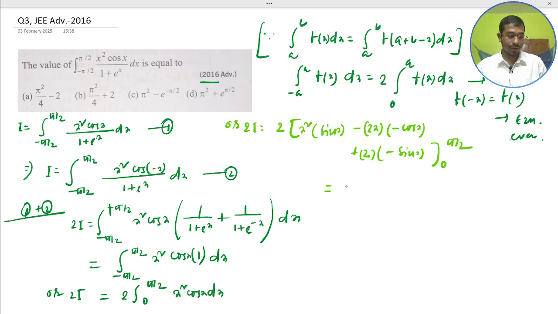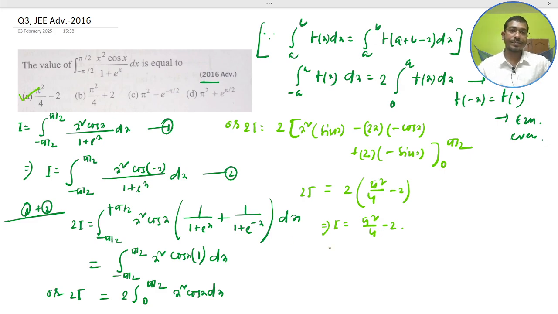So 2I would be pi square by 4 minus 2, so that implies this be the 2I. The I should be what? Pi square by 4 minus 2, 2 cancels both sides. I would be pi square by 4 minus 2. Option A would be the correct.